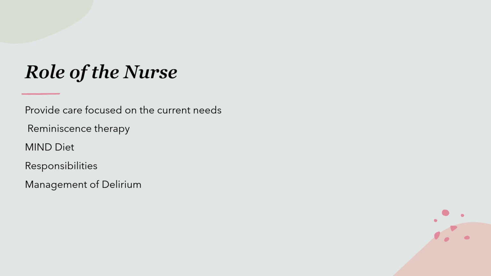Omega-3 fatty acids found in fish, flaxseed oil, nuts, and leafy vegetables have been shown to help with the cardiovascular system, including the brain. The MIND diet combines the Mediterranean diet with the DASH diet. DASH we talk about when we talk about geriatrics, but it is the Dietary Approach to Stop Hypertension. So that's your low fat, low salt, low sodium diets, things like that. And this is shown to be effective in promoting cognitive function.